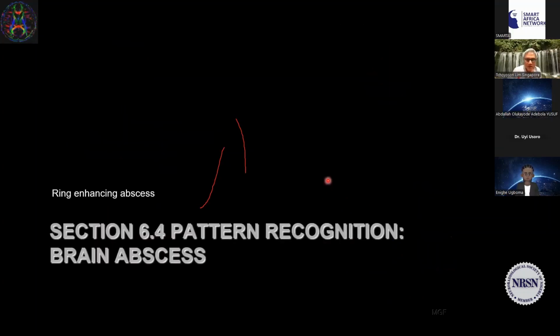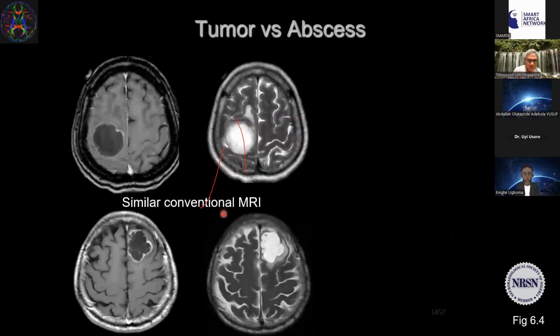So, from leptomeningitis, we move on to the ring-enhancing lesion, and the next pattern recognition is abscess. These are two different patients with abnormal rim enhancement and high signal intensity on T2. One of them has metastasis from a lung primary.